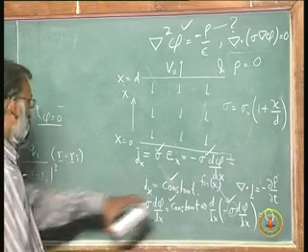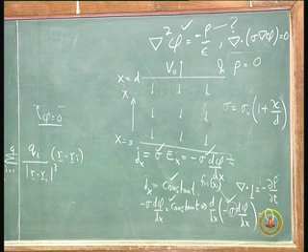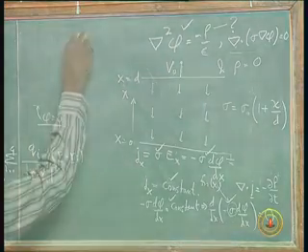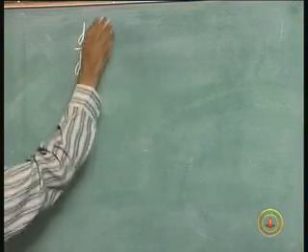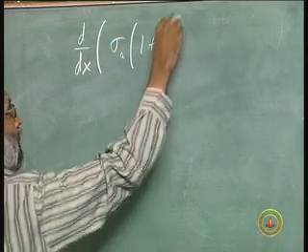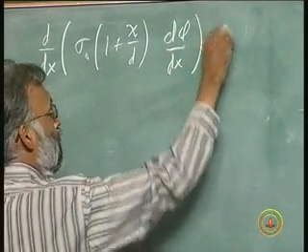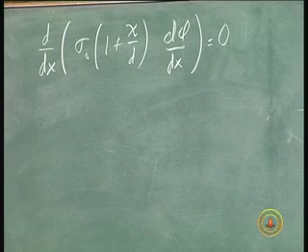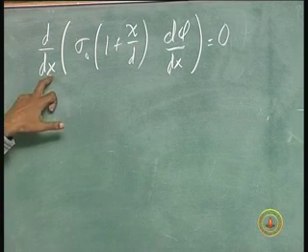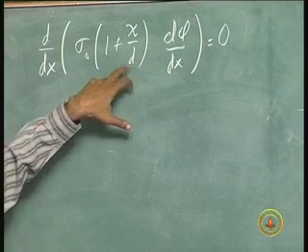This problem can be worked out, it is not very difficult. Let me write it out. It is d/dx of sigma naught times 1 plus x over d times d phi/dx is equal to 0. So, this d/dx either acts on d phi/dx or it acts on x over d.